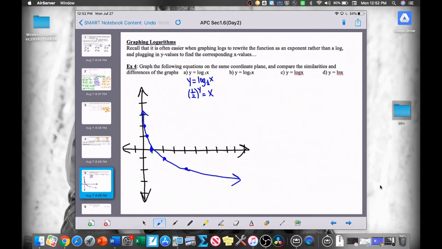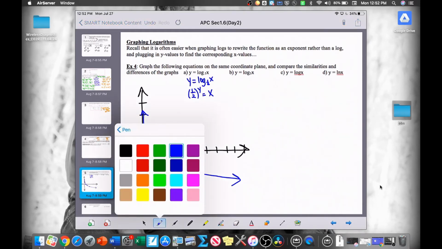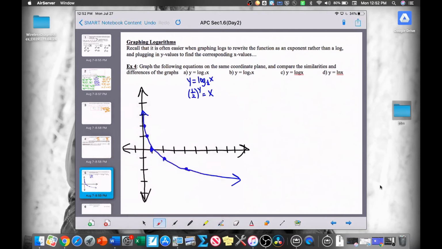Now in example B, we're going to be graphing a function with a base that is greater than 1. This is log base 5 of x. So if I rewrite this in exponent form, it's going to be 5 to the y power equals x.